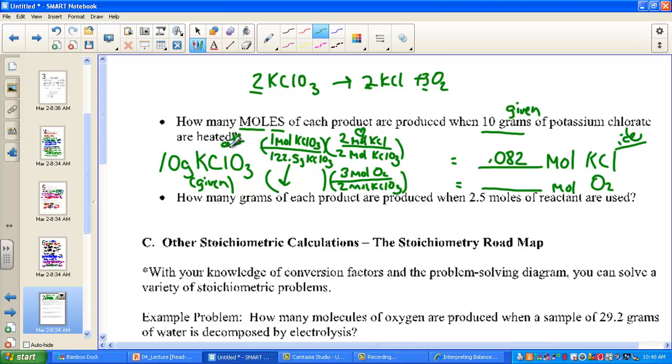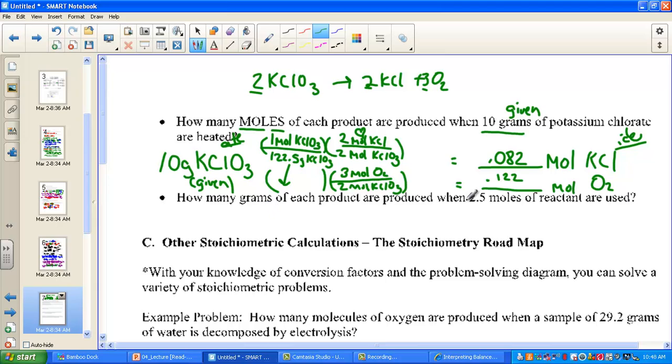This is the 8. Now, 10 grams divided by 122.5 times the ratio of 3/2 to get me to the moles of oxygen, and this has a calculated value of 0.122 moles. So given a mass, calculate a mole, step 1, step 2.